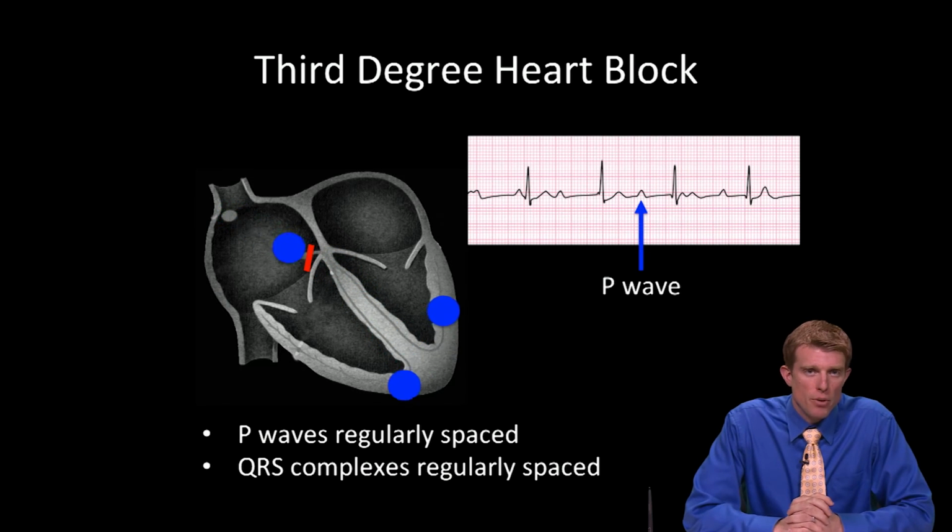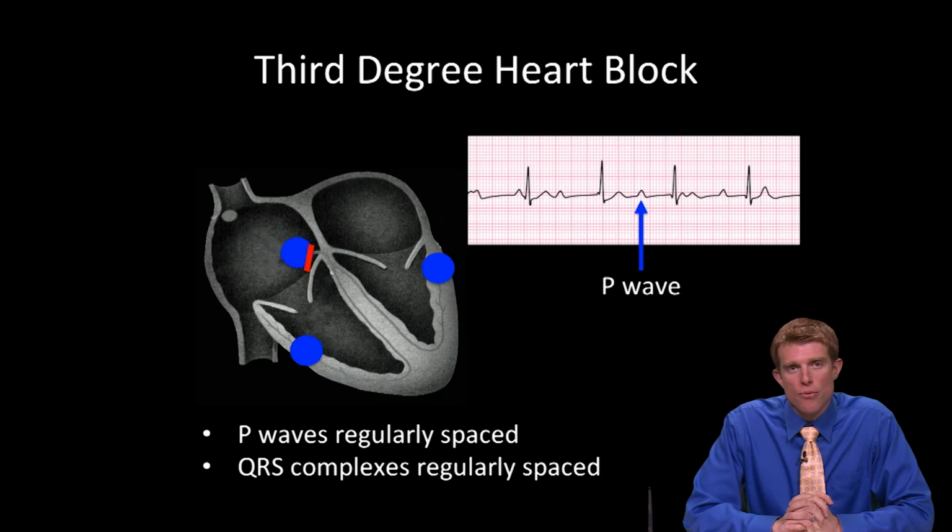A third degree heart block, which is the most dangerous type of heart block, means that there's no communication through the AV node, and all electrical impulses coming from the atria are blocked in the AV node. So what you have is electrical activity going on in the atria and depolarizing the atria, but that electrical activity is not what's causing the depolarization of the ventricle.